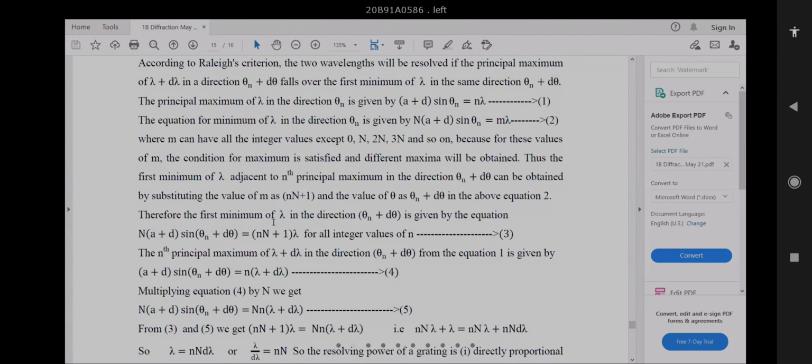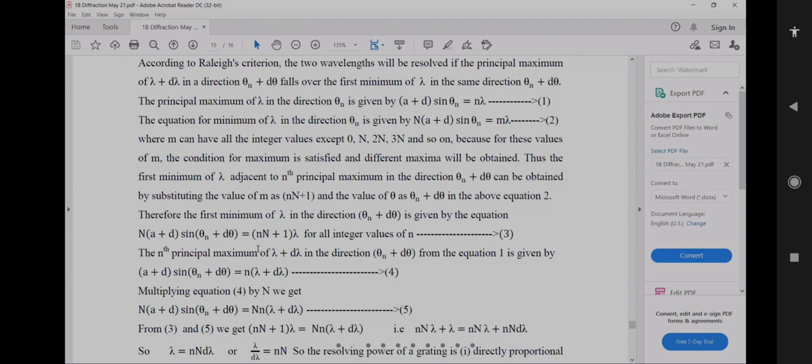From these two equations, solving them, you will get N into (n plus 1) into lambda. The two terms N into (a plus d) sin(theta n plus d theta) cancel with each other, so what remains is N n plus 1 into lambda is equal to N n into (lambda plus d lambda).